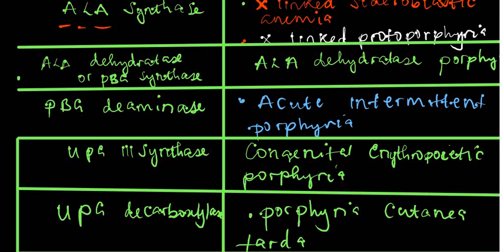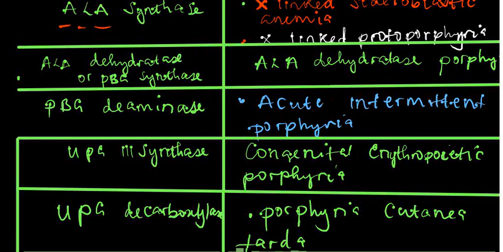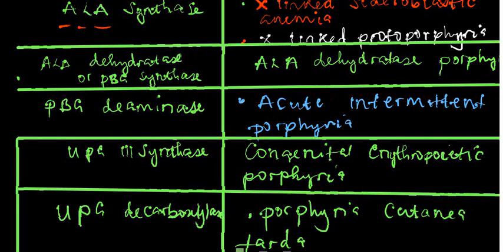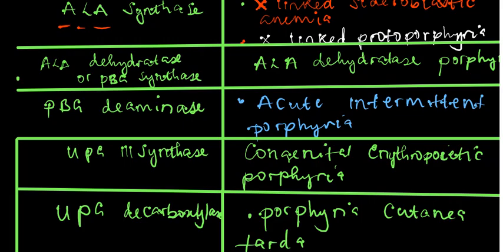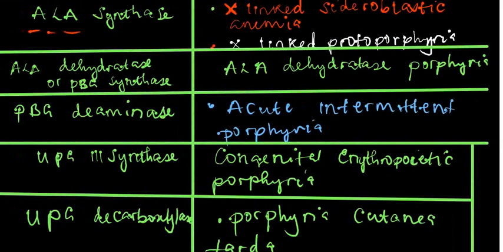This enzyme is found where we have formation of porphobilinogen. Remember, two molecules of ALA give us porphobilinogen. When this enzyme is defective, what you have is ALA dehydratase porphyria. So you can see the name goes with the disorder.